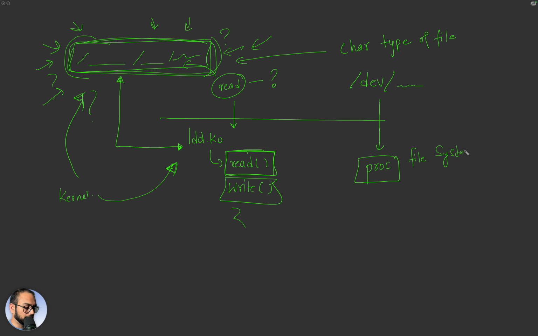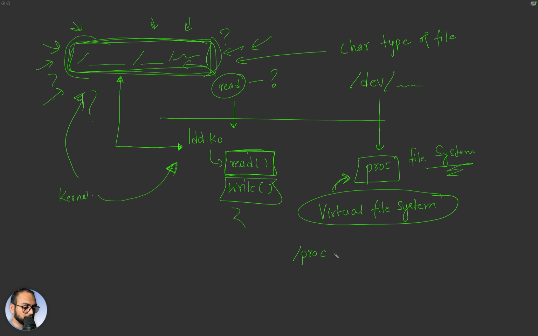And the proc file system is very interesting. First off, this file system is called the virtual file system. And why is it called virtual? Because these are not real files. All right. These are not real files.